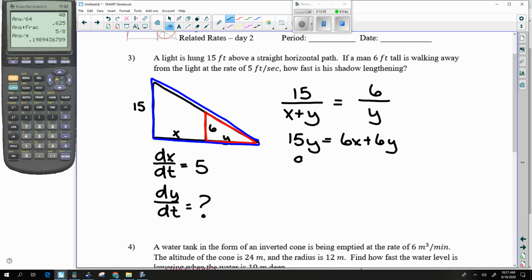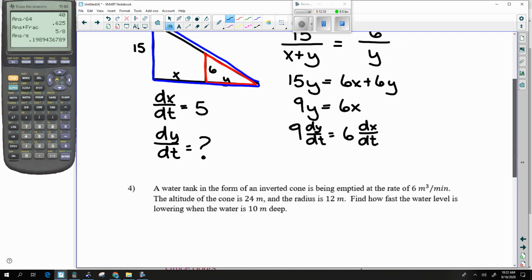Subtract 6y, so 9y is equal to 6x. Time for a derivative, so 9 dy/dt, it's changing with time. dy/dt is equal to 6 dx/dt.